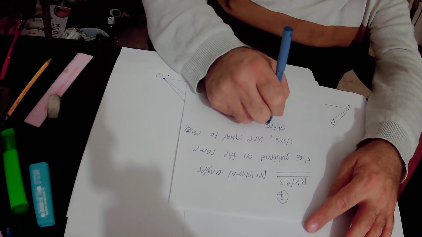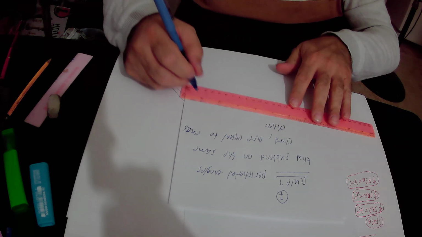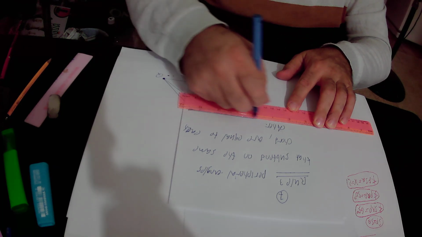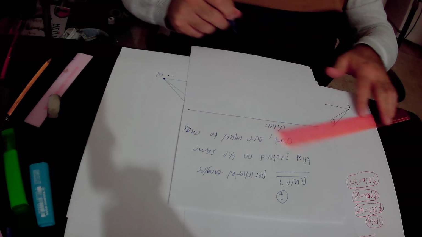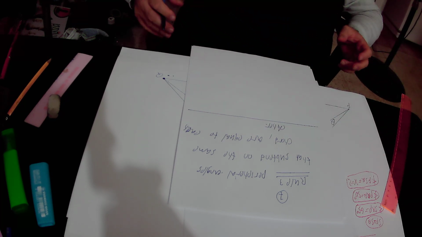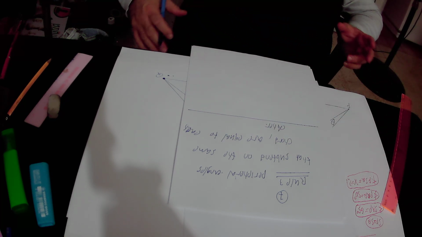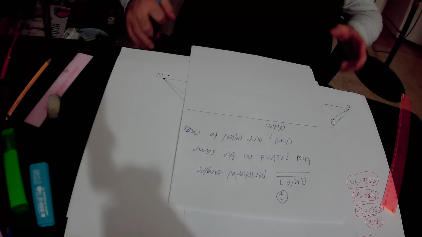I read rule number 3 again. Rule number 3 states that peripheral angles that subtend on the same chord are equal to each other.